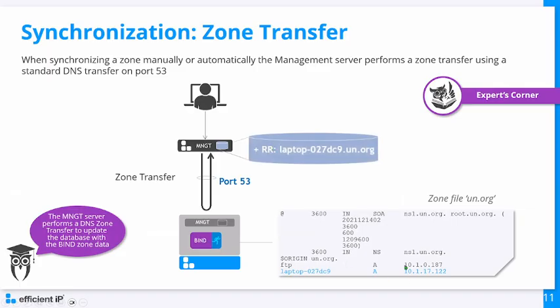So any changes on the local config file of the remote DNS server will be periodically updated by the management server. The management server will periodically go to the remote server, pull those updates, and synchronize the management database. And again, this is using zone transfer, DNS traffic, port 53.